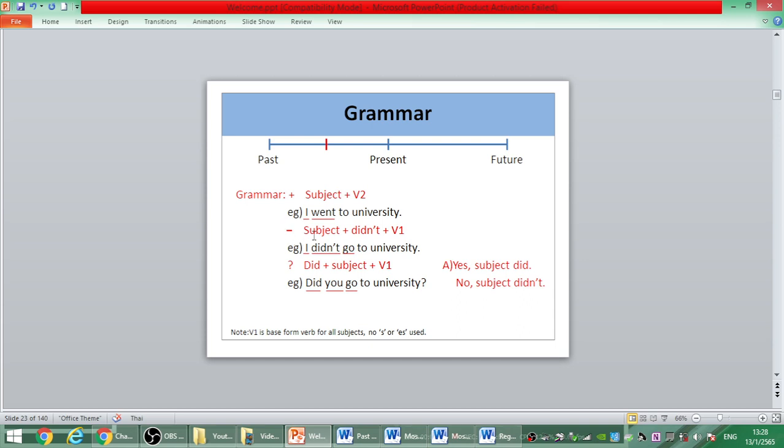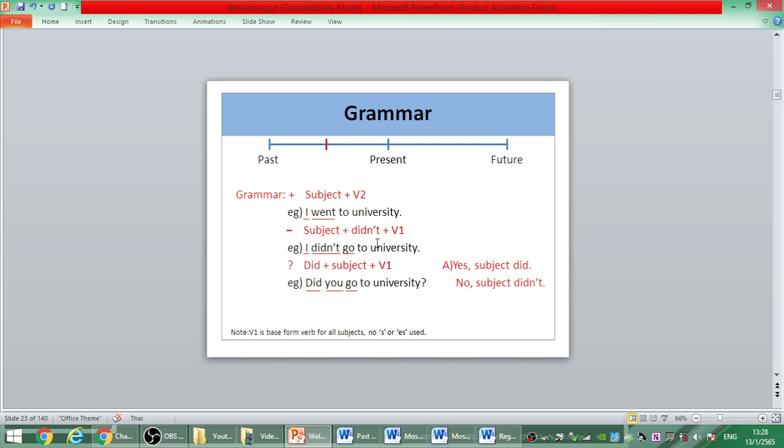In the negative: subject plus didn't plus verb 1, the base form, no S or ES. Example: I didn't go to university. And the question form: did plus subject plus verb 1. Did you go to university?